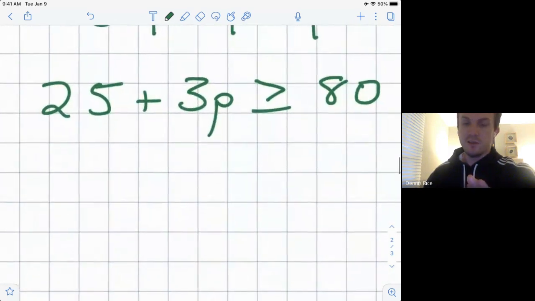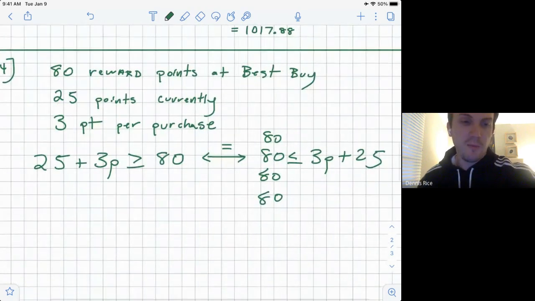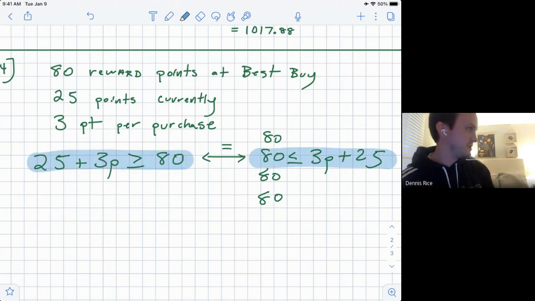I know that's not the choice, but now it makes it easier to compare it, and you're just going to make sure it matches up. So notice how the inequality sign is opening up towards the 25 plus 3p. You would then want to select that choice. So it makes it a lot easier to compare, like, oh, okay, this and this are saying the same thing. Hey, the inequality is opening up towards the same expression.